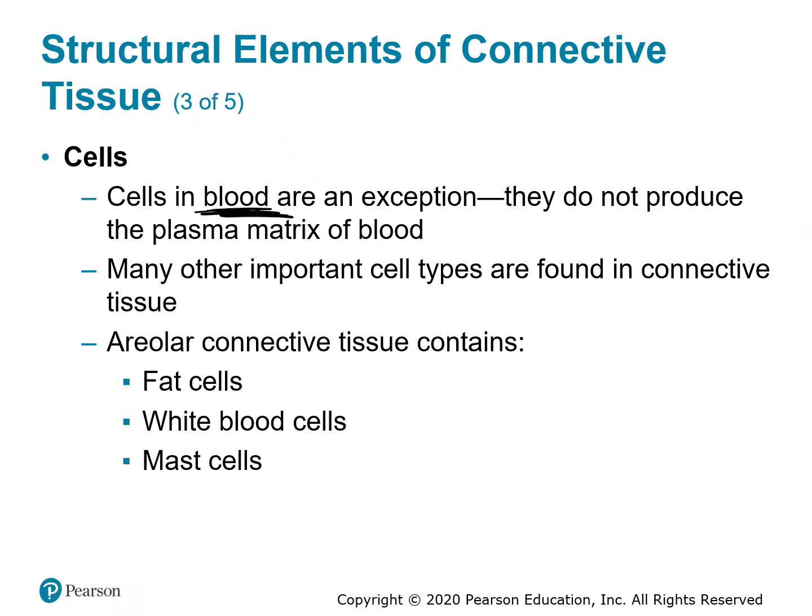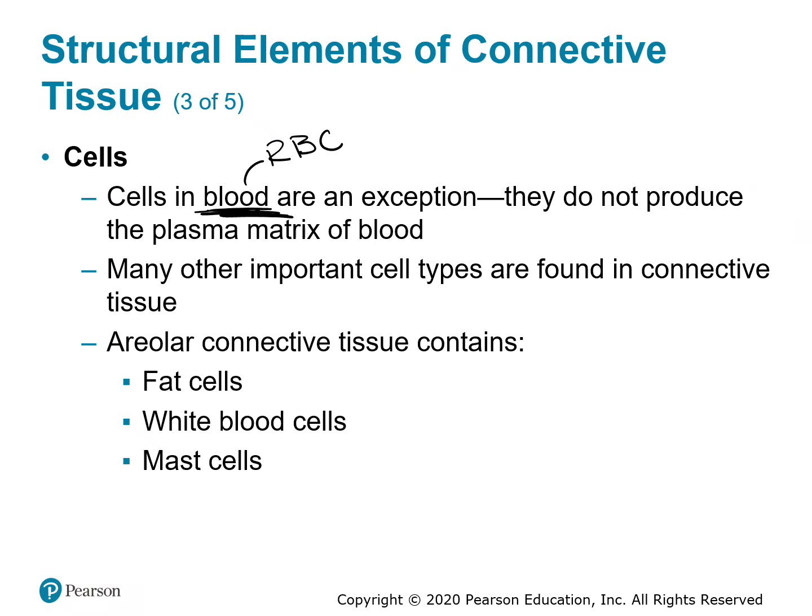So like I said, except for blood cells, the red blood cells do not produce their own matrix. The plasma and all of the fluid that is your blood is the matrix that the red blood cells are hanging out in. You will find other types of cells in connective tissue, but the primary cell type is going to be the one that makes that extracellular matrix.